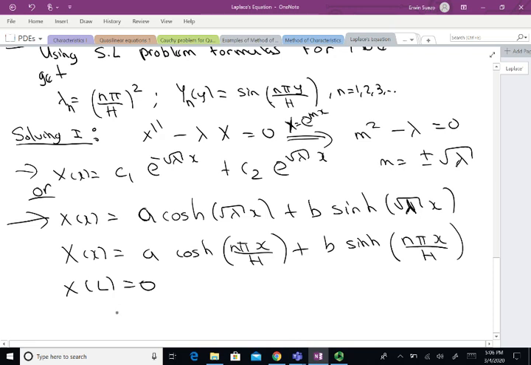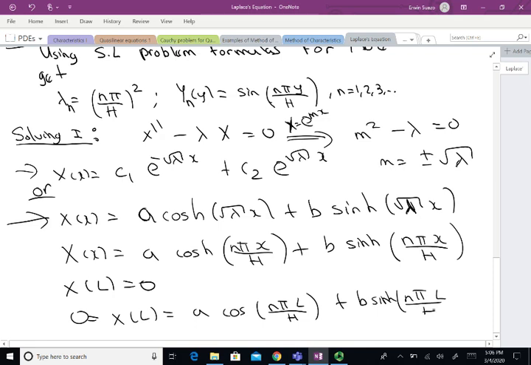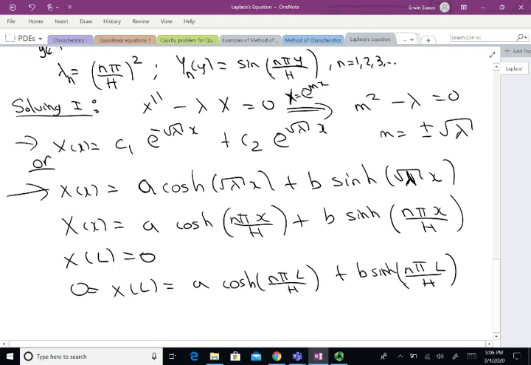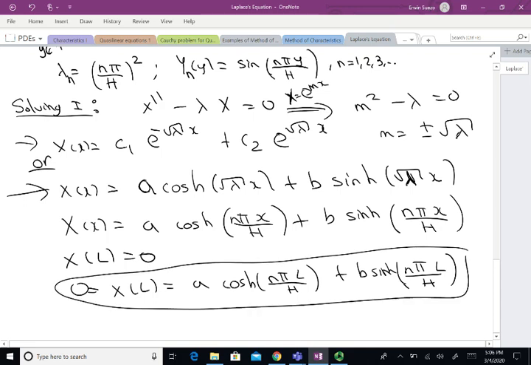So you plug in x of L equals 0 and get a cosine hyperbolic of n pi L over h plus b sine hyperbolic of n pi L over h. This is not very productive, so we're not going to do it like that. We can make the problem easier.